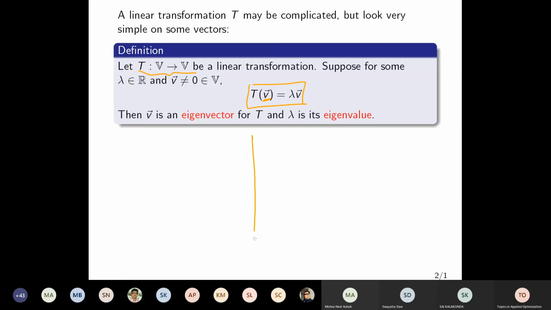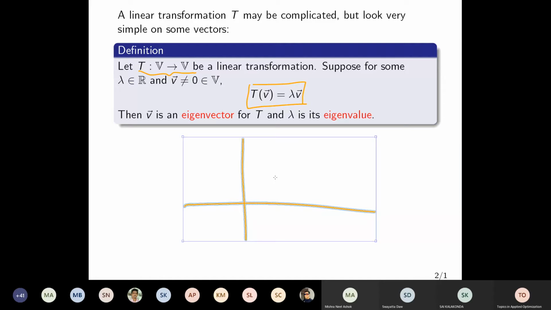In general, if you give a vector v, then a linear transformation can do many complicated things to the vector. So I give this vector, but the linear transform can make this into this vector.